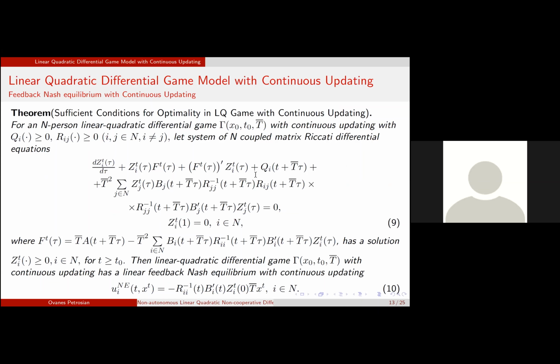So my question is, is it possible to compute the value at 0 without computing explicitly the solution of the Riccati equation? Because otherwise it's computationally not efficient.